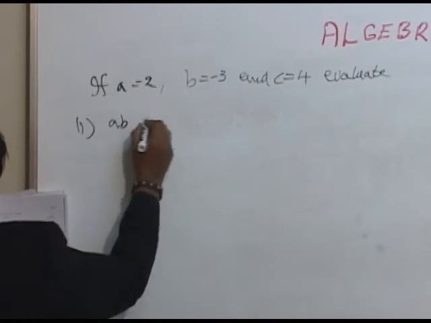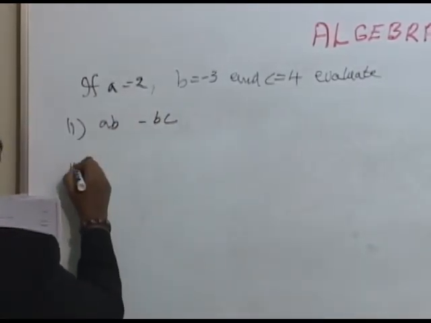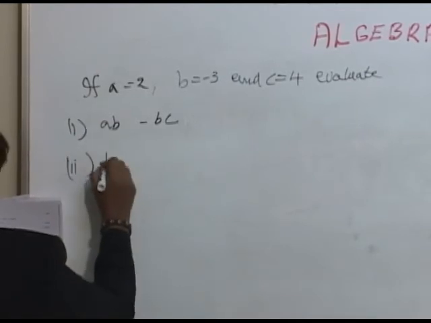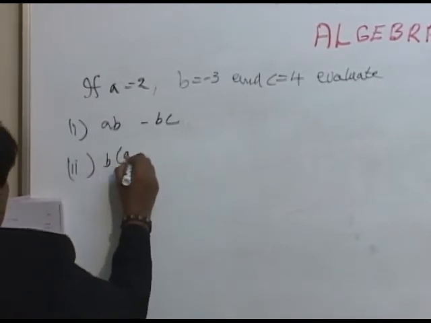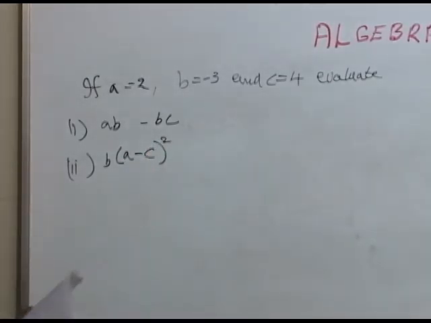AB minus BC, and so this was a 2-part question, and 2B, open bracket, A minus C all squared, from the 2007 January examination paper from CXC. Okay, and I'm telling you, after 5 minutes in an algebra class, you're in a position to get 3 marks from your CXC examination results.